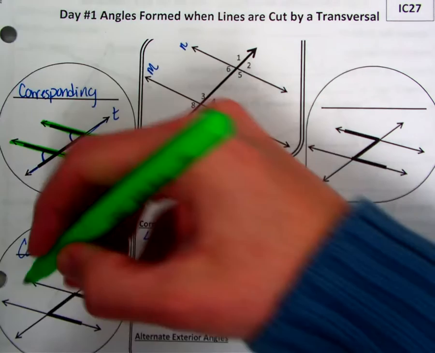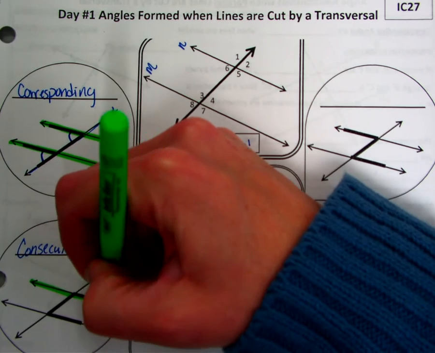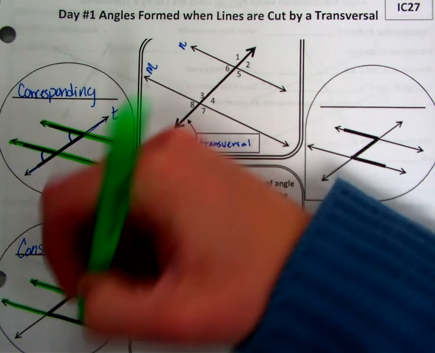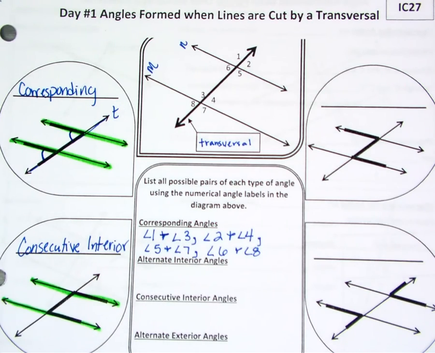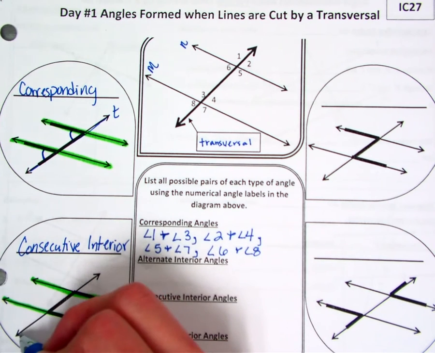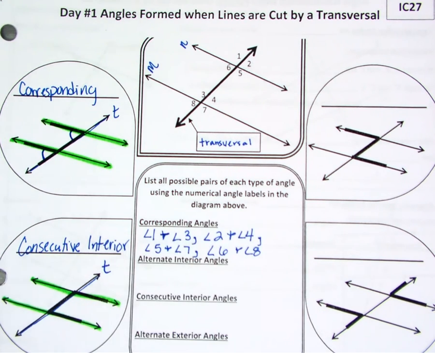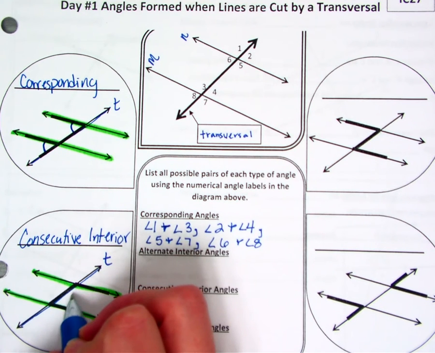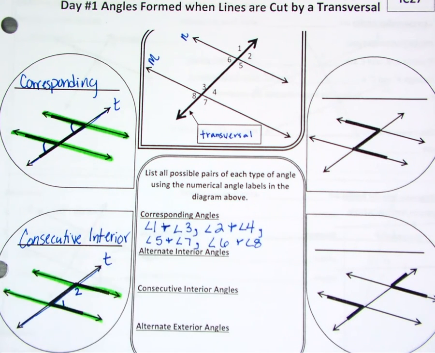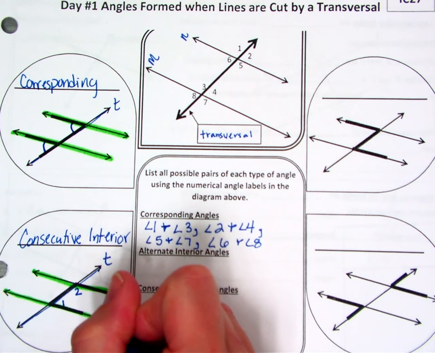So if you look at the picture down here, again, we've got our two lines, M and N, being cut by our transversal T right here. Consecutive interior would be angles that are in order, in a row, on the inside.